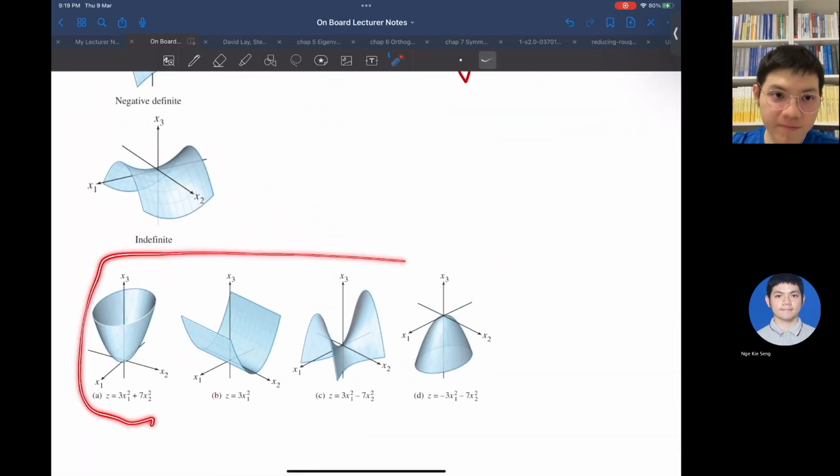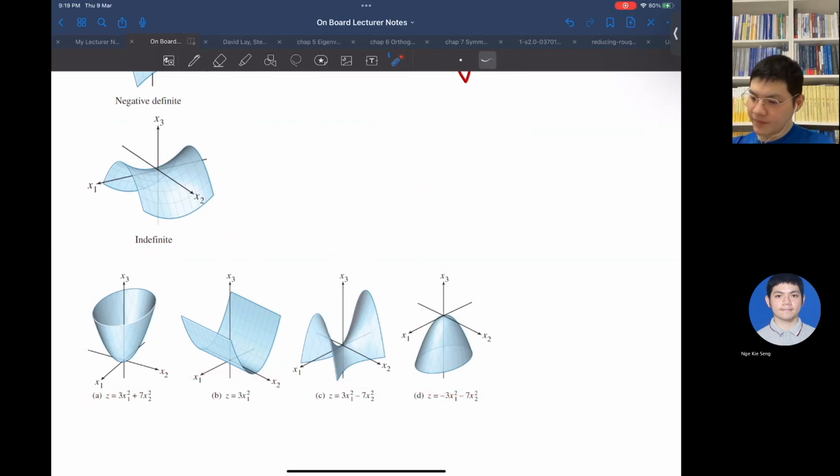So by the theorem we've seen just now, you can see that all these quadratic forms only contain yi square terms. There's no cross product term inside here. So these coefficients are actually the eigenvalues of the respective symmetric matrix. Since these two are positive, by the theorem just now, this quadratic form is actually what?